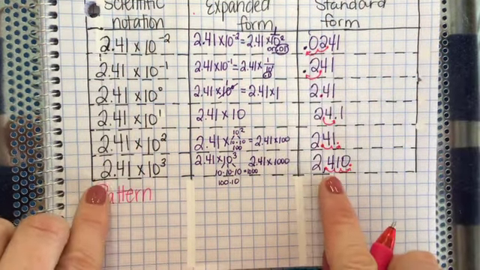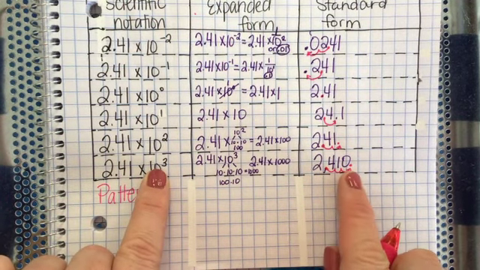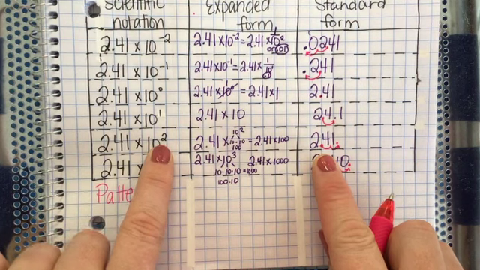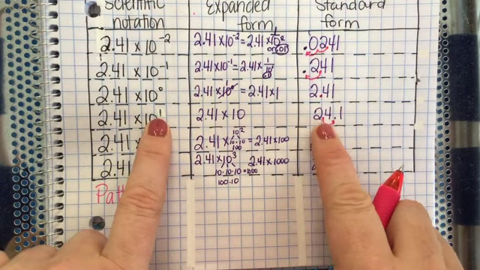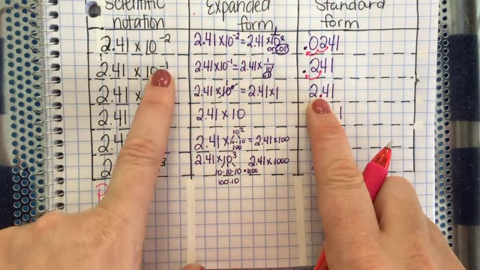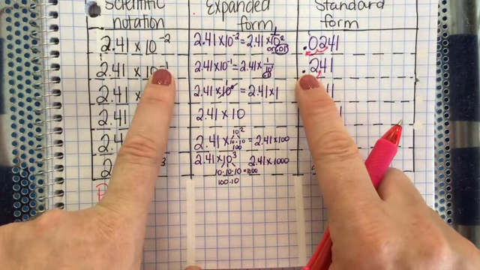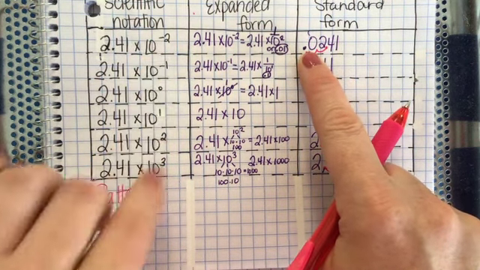So do you see the pattern? This exponent is 3. It moved 1, 2, 3 times. This exponent is 2. It moved 1, 2 times. This exponent is 1. It moved once. This exponent is 0, so it moved 0 times. This is negative 1, and it moved once. This one's negative 2, and it moved 1, 2 times.